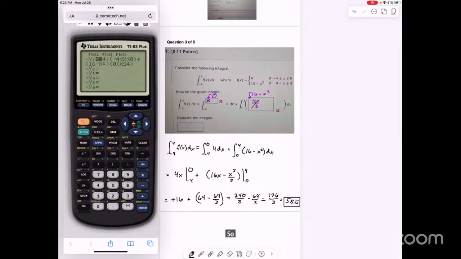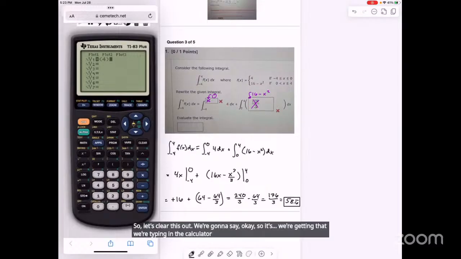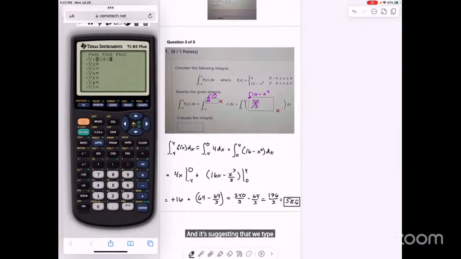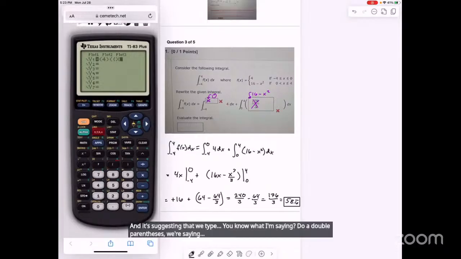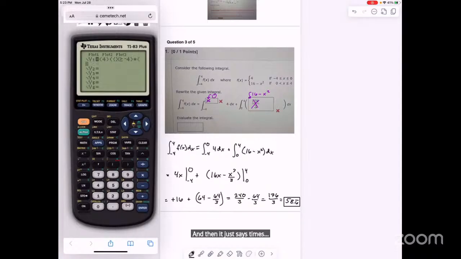So let's clear this out. We're getting that we're typing in the calculator wrong, and it's suggesting that we use double parentheses. So 4 is greater than or equal to -4, times x is less than or equal to 0. And we've got to close off our parentheses properly.